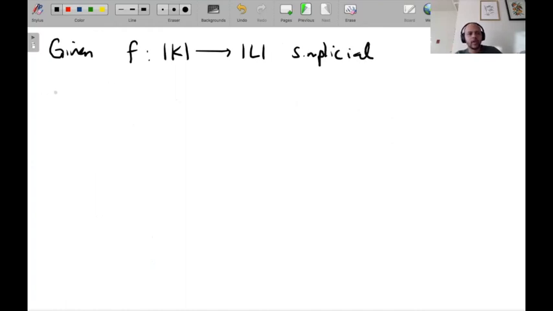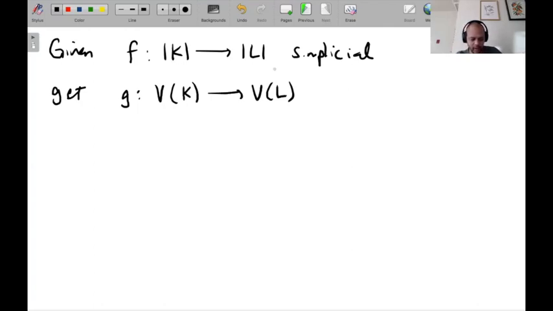So you get a map between vertices, let me call it g, between vertices of K and vertices of L. This is just given by restriction. f sends vertices to vertices because it's simplicial.